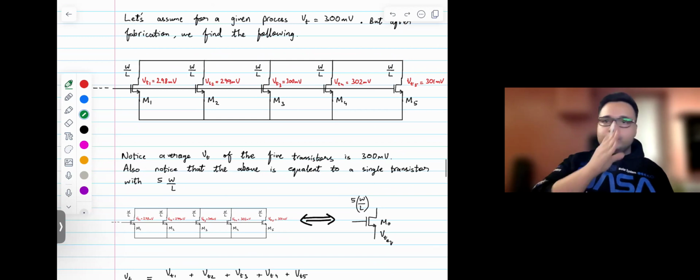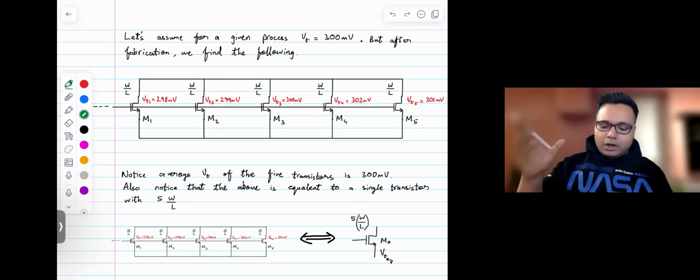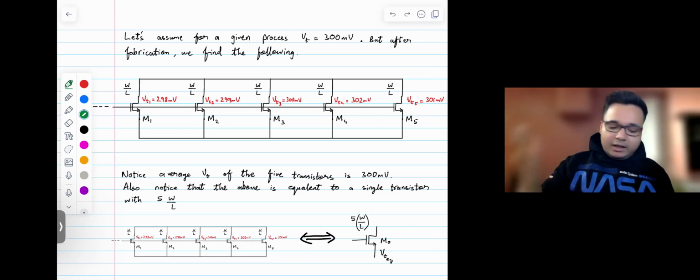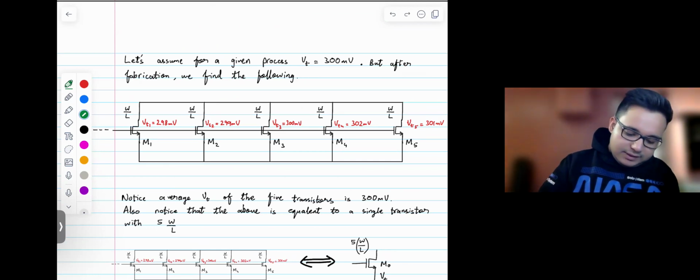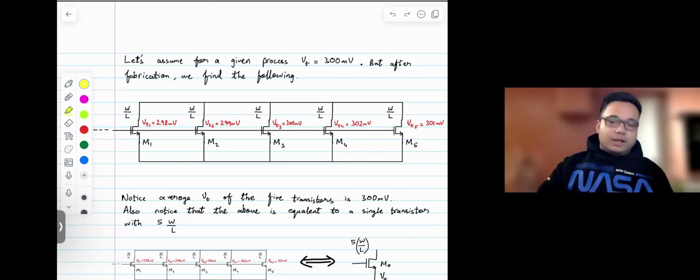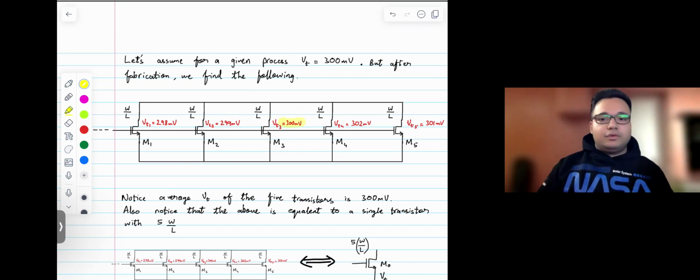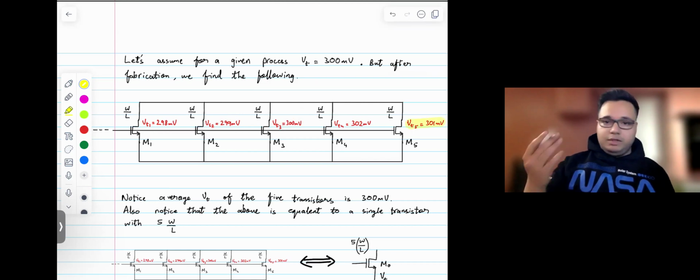You start measuring the threshold voltage of each of those transistors. And you find out that, let's say, VT1 is 298 millivolts, so not exactly 300 millivolts. VT2 is 299, and VT3, by luck, is exactly 300 millivolts. VT4 is 2 millivolts higher, and VT5 is 1 millivolt higher.